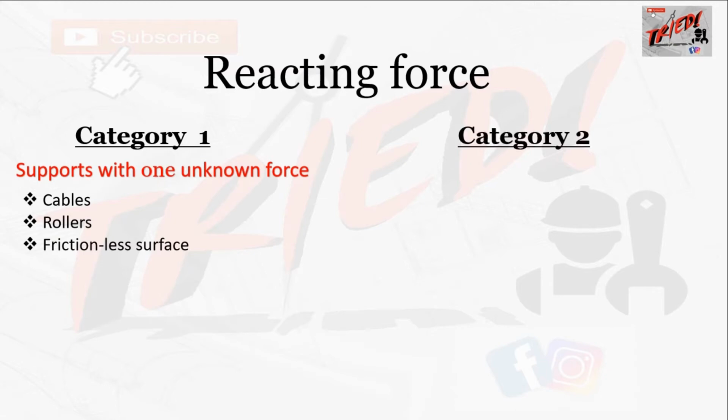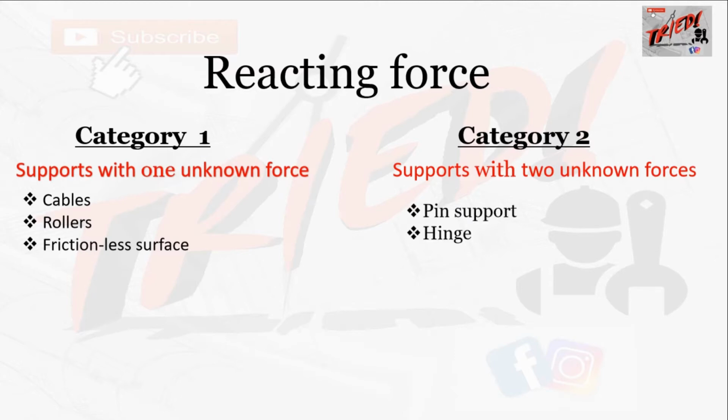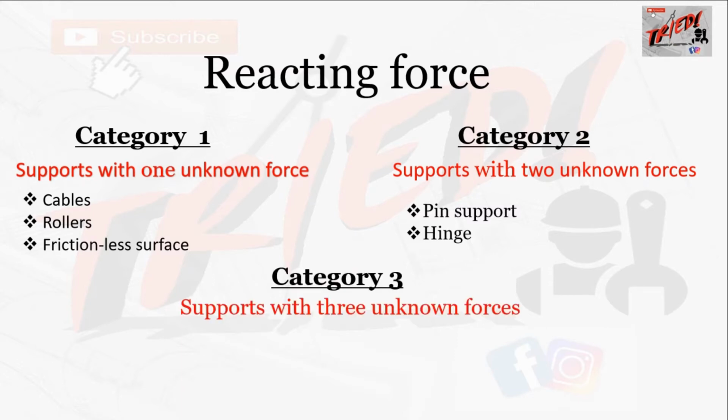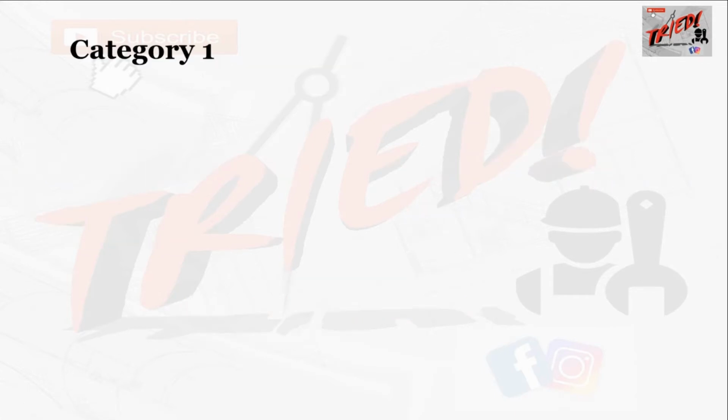The second category is supports with two unknown forces, which are the pin support and hinge support. The third category is supports with three unknowns, which are the built-in supports. So we know the three groups of reacting forces: one with one unknown force, the second with two unknown forces, and the third with three unknown forces. Let's get into detail of each of these categories.